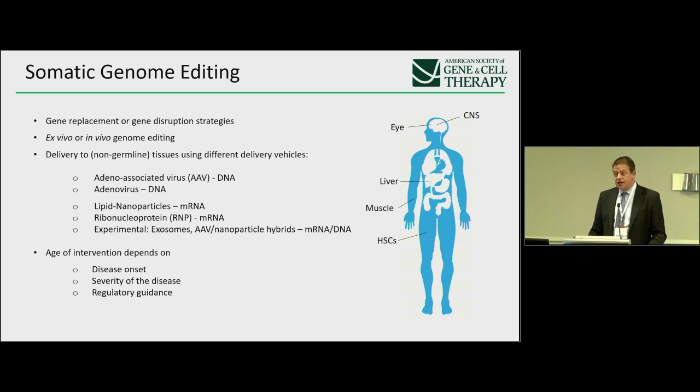In the past, adenovirus has also been used, and this is usually to deliver DNA. For mRNA delivery, we also have lipid nanoparticles, which are coming of age, and there are extra sessions on this. We have ribonucleoproteins, but we also have experimental technologies like exosomes and combinations of nanoparticles with AAV, and they obviously can be used to deliver mRNA or DNA.